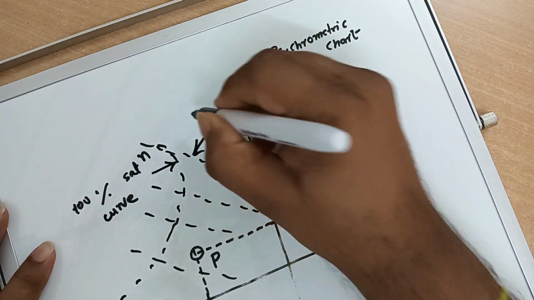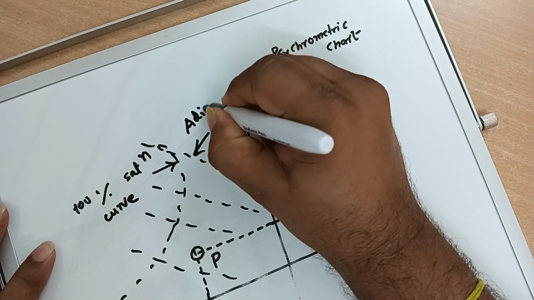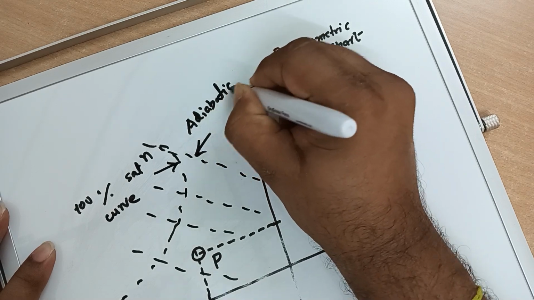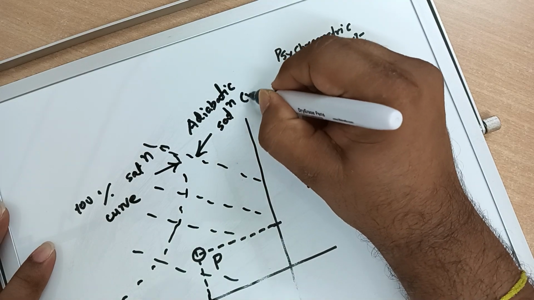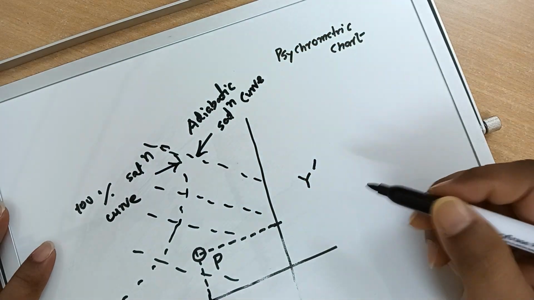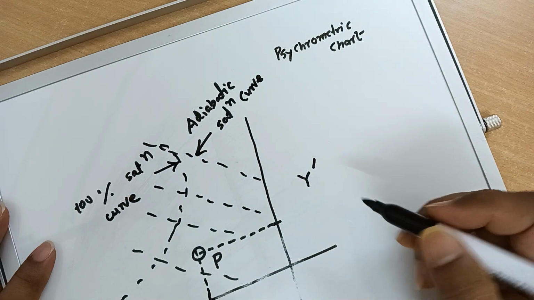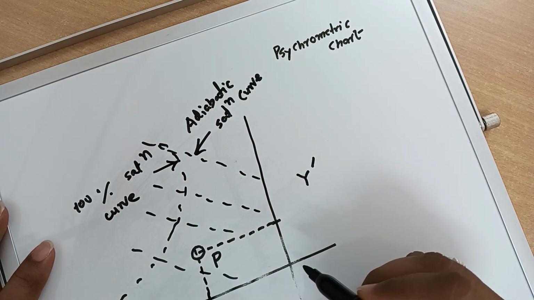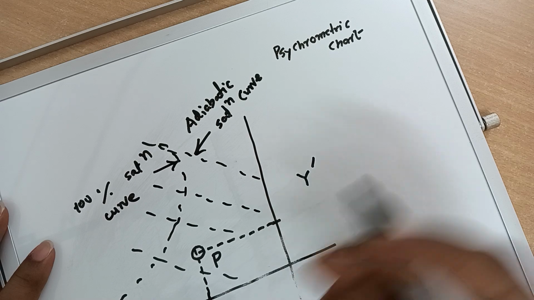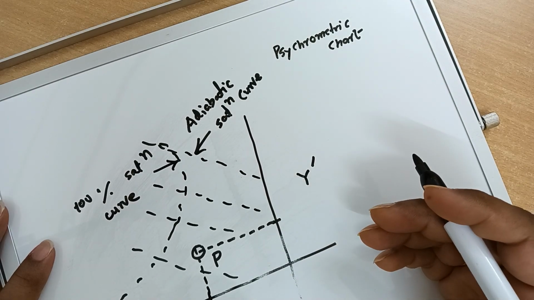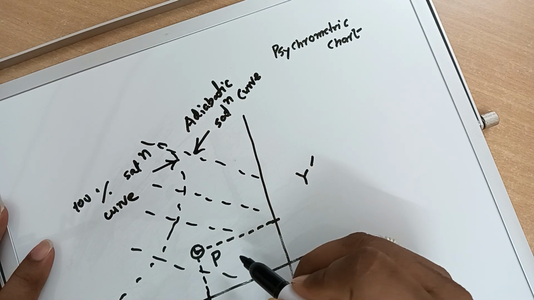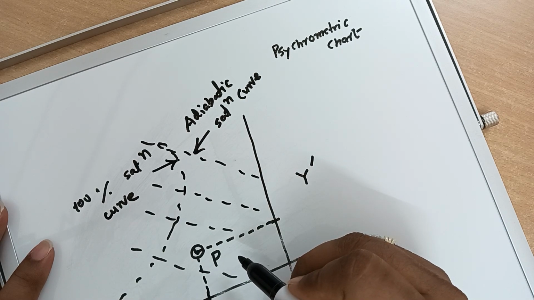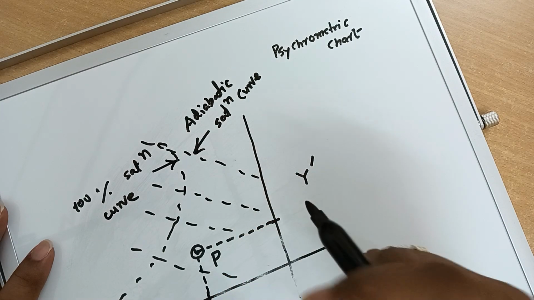So these are basically adiabatic saturation curves, or adiabatic cooling lines. Once you have this point of intersection P, and you know that the air water vapor mixture is cooled adiabatically, from this point P you have to draw a line, or interpolate a line.